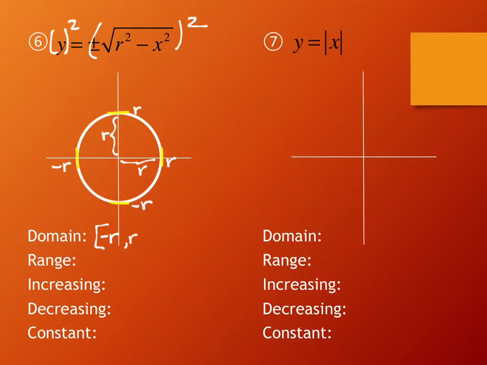R. What about the range? I'm climbing up. Same thing, right? Negative r to r. Is this a function? Nope, not a function, which is great because not a function means that I don't have to do these at all. They don't make sense. They wouldn't be asked is what it really means.